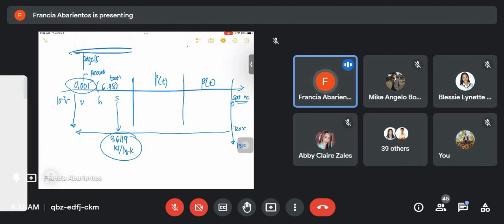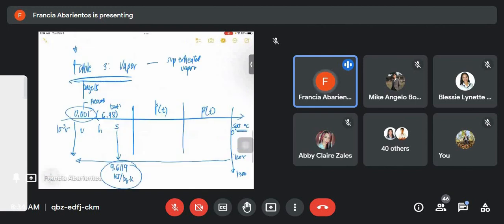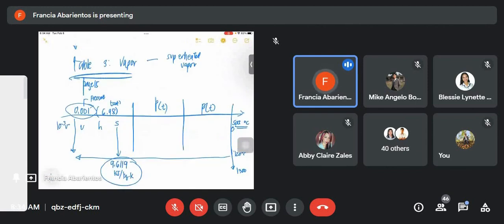Given sa atin yung pressure na 0.01 megapascal. Okay? Nakuha ba, class? Mabilis ba si ma'am? So, this is in table 3, superheated vapor. Okay ba, class? Masyado bang madaming sinasabi si ma'am?